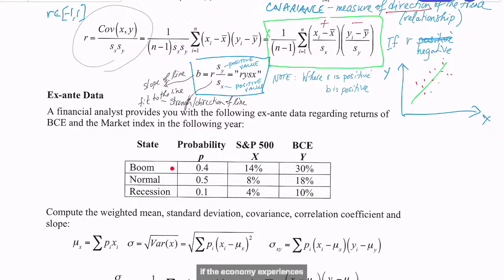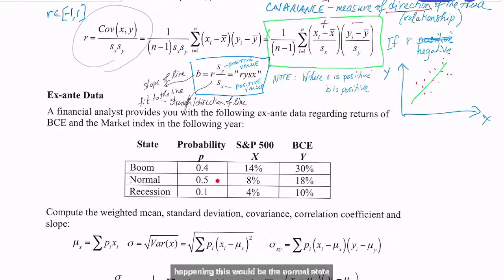If the economy experiences expansion or boom, these are the returns. If the economy is in a normal state, these are the returns, and if we fall into recession, these are the returns for both the market and this particular company's stock. And these are the probabilities of things happening.